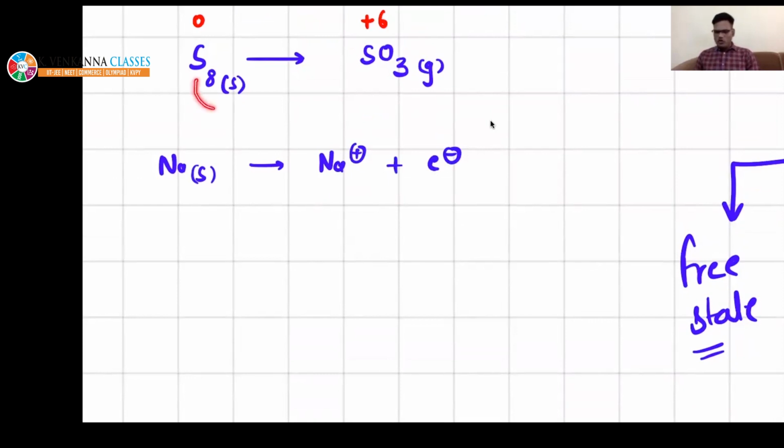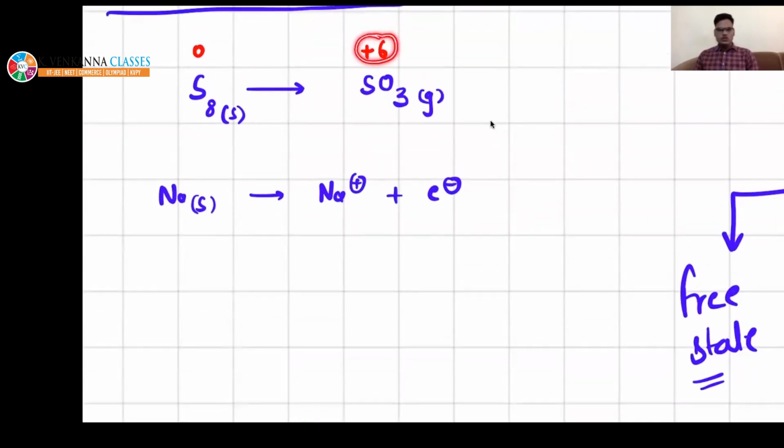In a similar manner, if you want to form sulfur with oxidation number plus 6, how many electrons does it need to lose, going from 0 to plus 6? Any one of you?